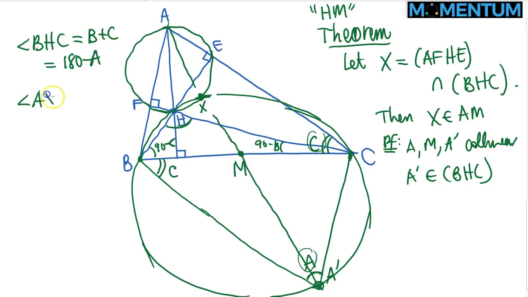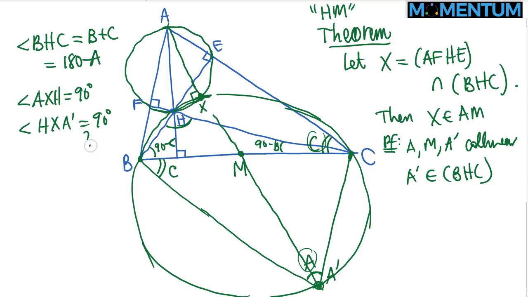I think it's clear that angle AXH is 90 degrees, because AH is the diameter of that circle, and X is on that circle obviously. So all we need is to establish that HXA prime is also 90 degrees.